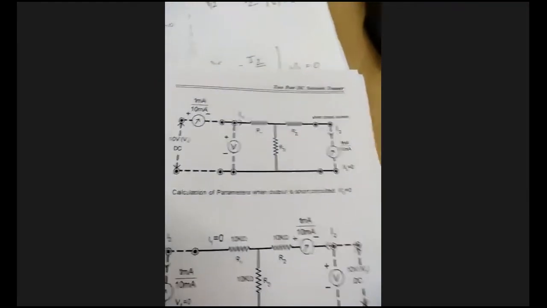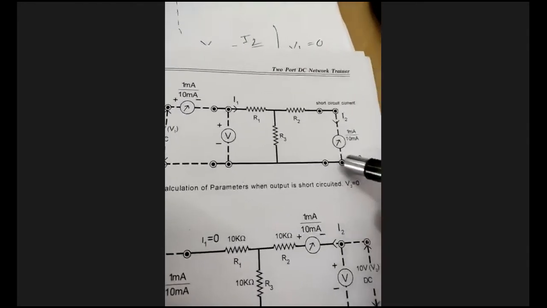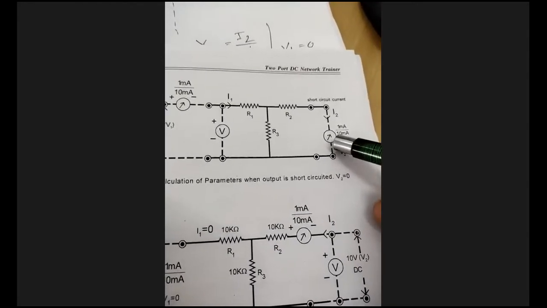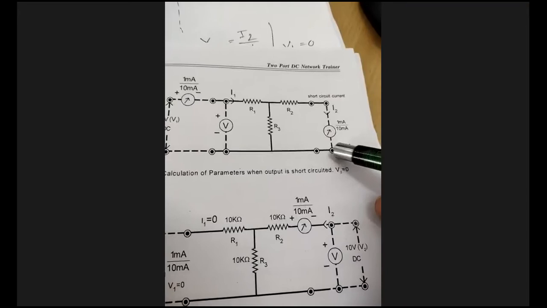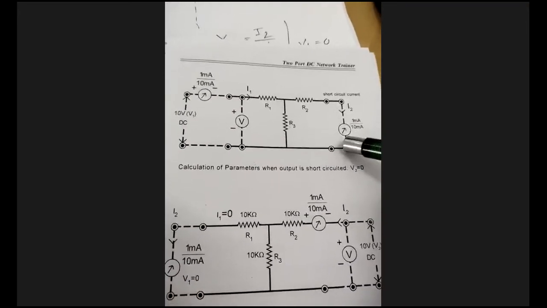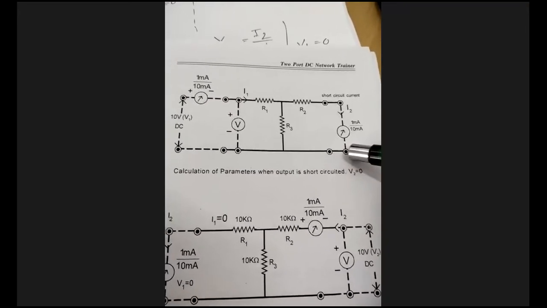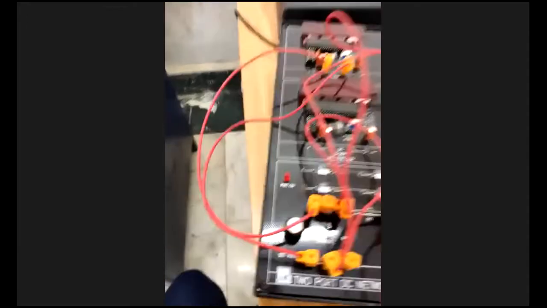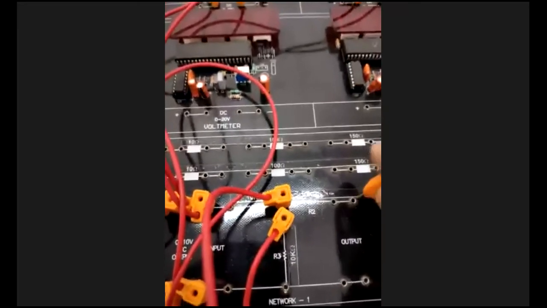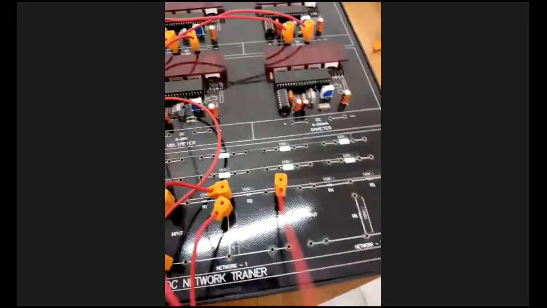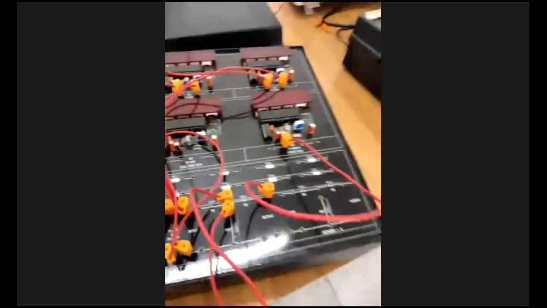Now in the output we connect an ammeter and short the circuit. In the output we just short the output terminal through an ammeter.